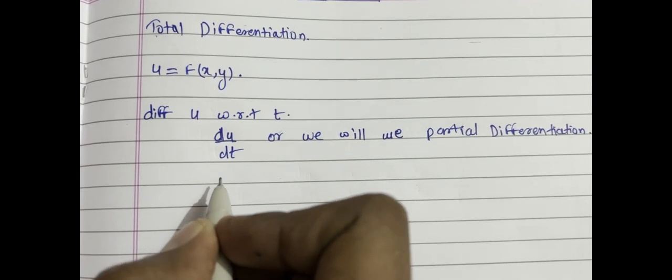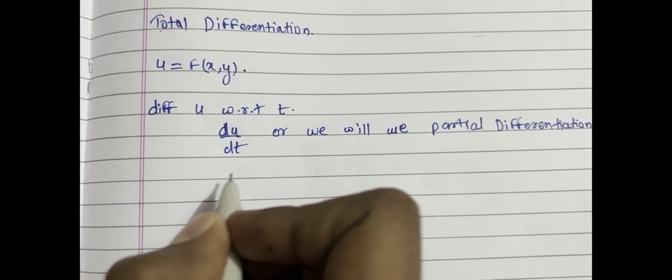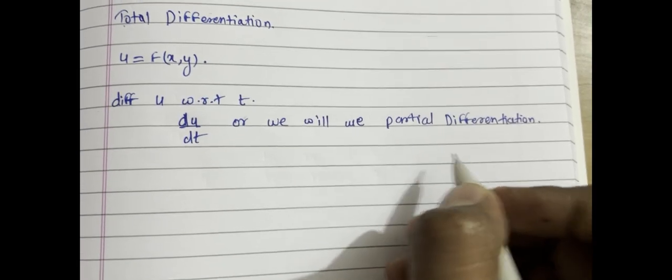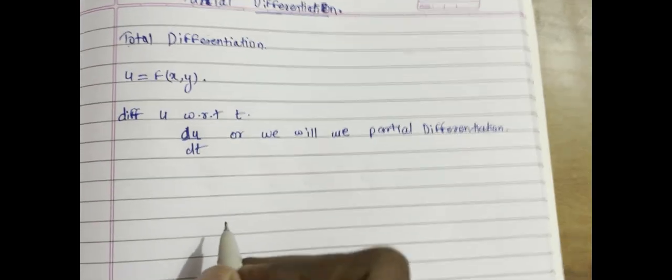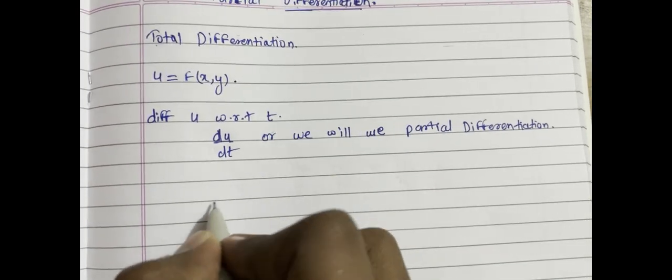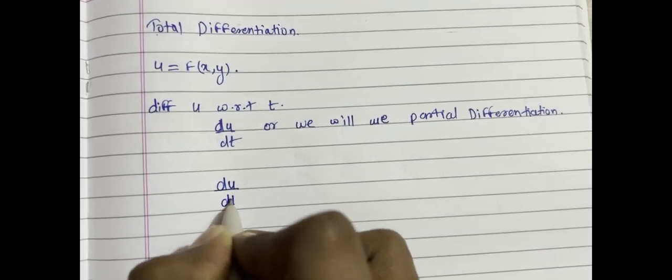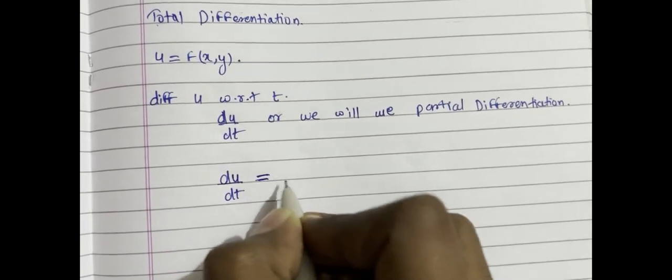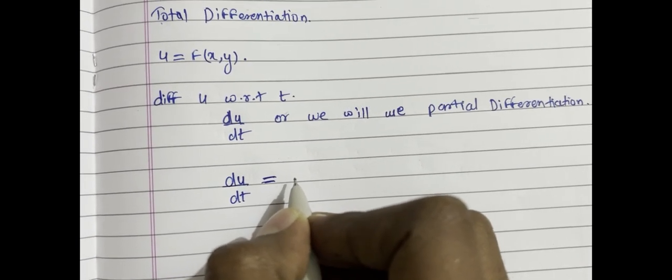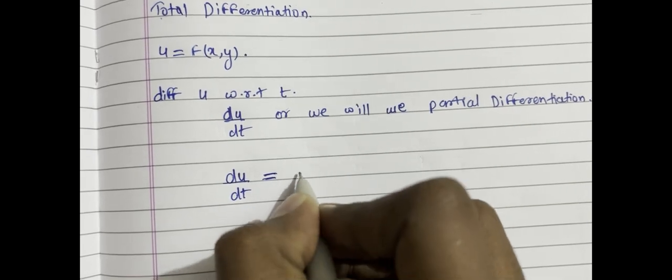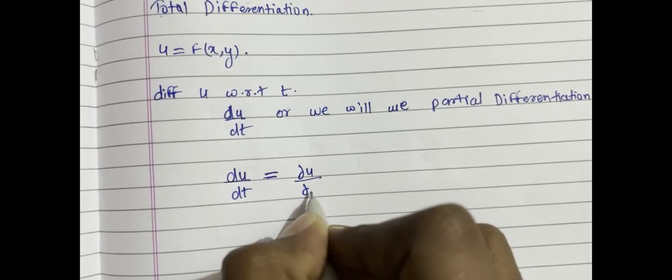Directly differentiate u with respect to t as du by dt, or we will use partial differentiation. Partial differentiation here means differentiating du by dt but with the help of partial differentiations of x and y, that is dou u by dou x.